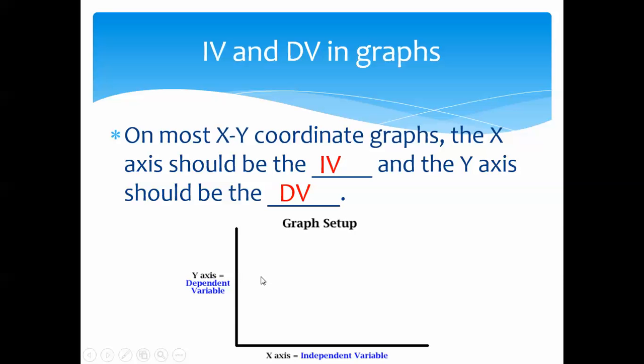So dry, D-R-Y, D for dependent variable is on the y-axis, dry, and mix, you have the manipulative or independent variable, so M for manipulative or I for independent variable is on the x-axis, dry mix. That's just an acronym that some people use to remember.